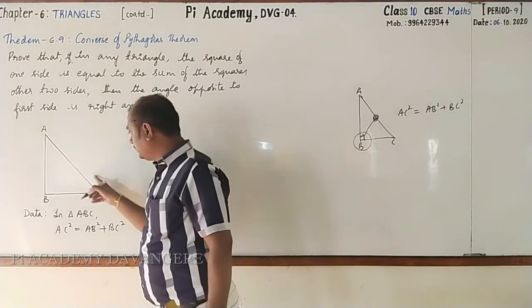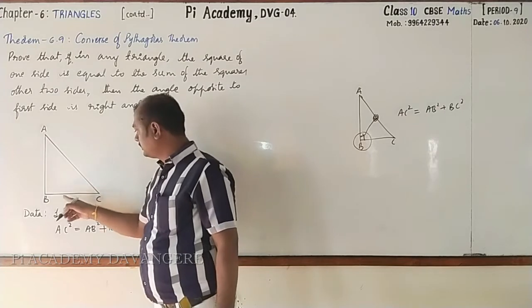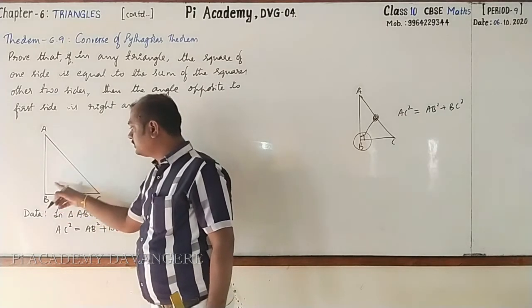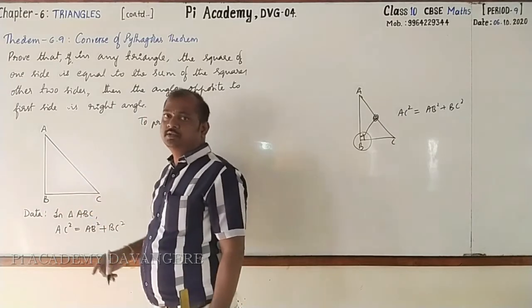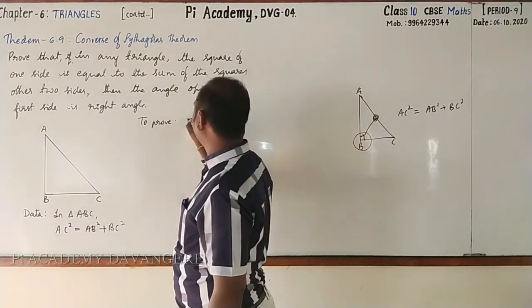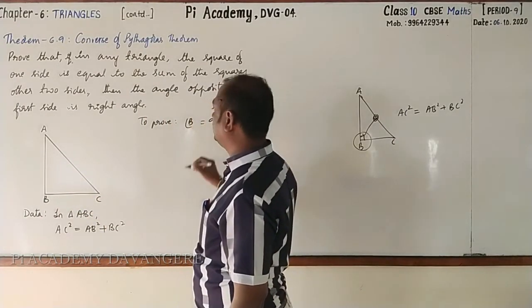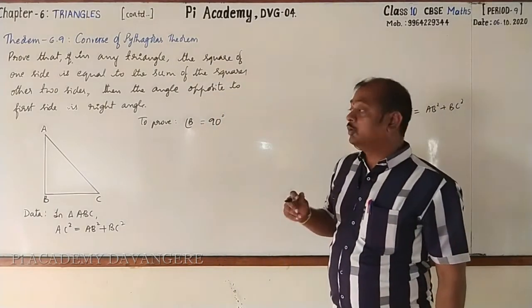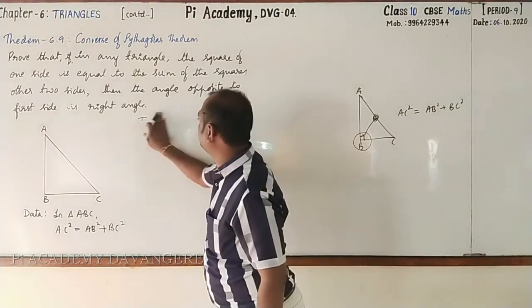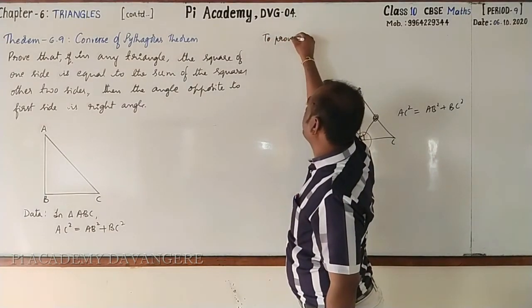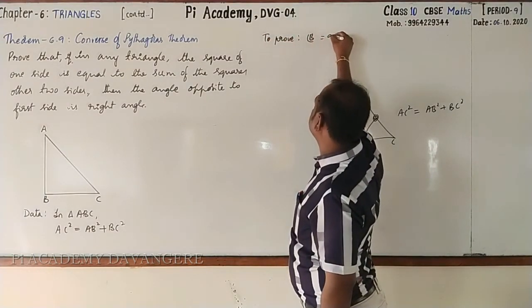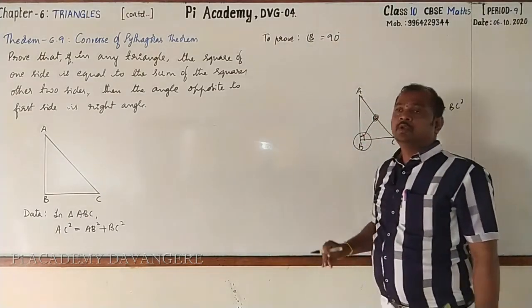Here we have taken AC as the first side. Then the angle opposite to this first side is angle B. To prove: angle B is 90 degree.